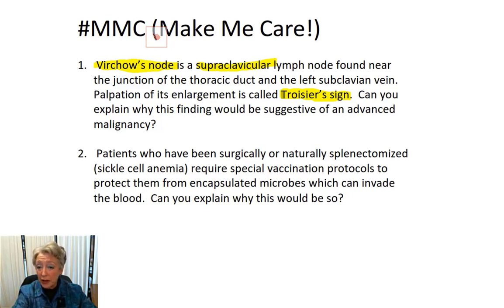Now, I want you to think through what you know about lymphatic system drainage and think about why that would be true. Then we're going to come back after you pause your video, and we're going to walk through that in a moment because it reinforces your understanding of how lymph moves through the body.